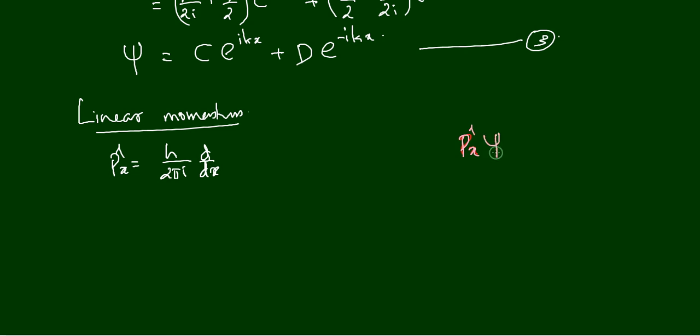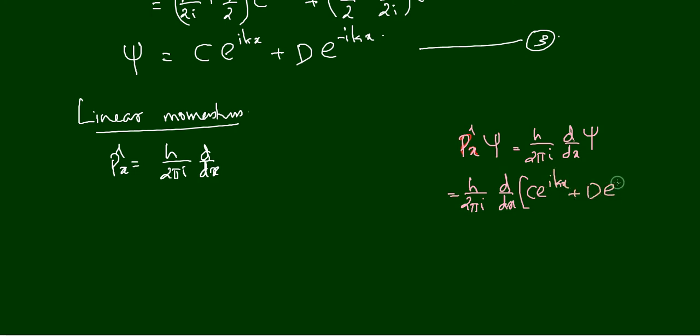I am going to evaluate px cap psi. That is equal to h divided by 2 pi i d by dx of psi, that is d by dx of c e raised to ikx plus d e raised to minus ikx.